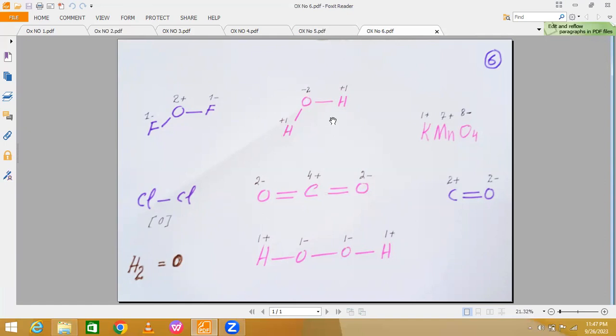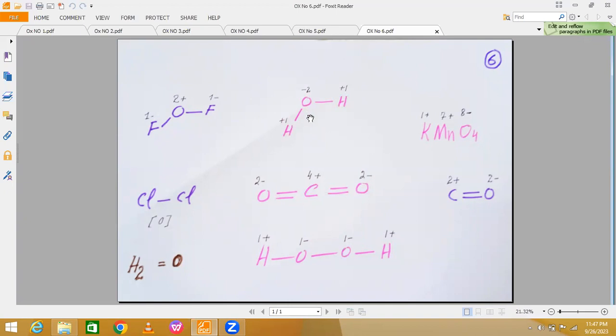And similarly, here 2- can be balanced by 2+. So there are 2 hydrogen and 1 oxygen. So the total oxidation number of the water molecule, which is neutral, is equal to 0. So 2+ will cancel with 2-.